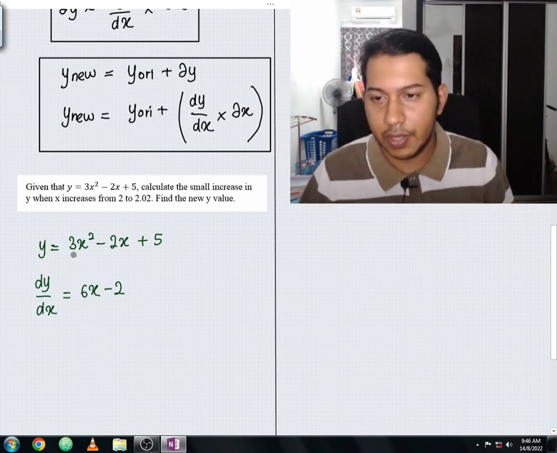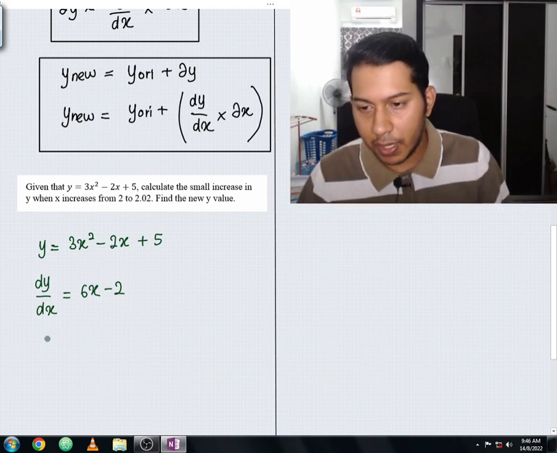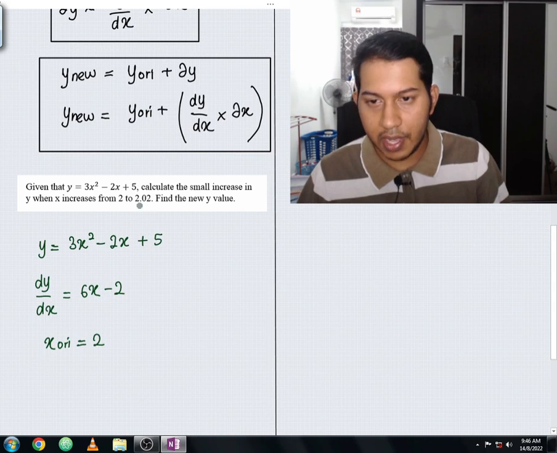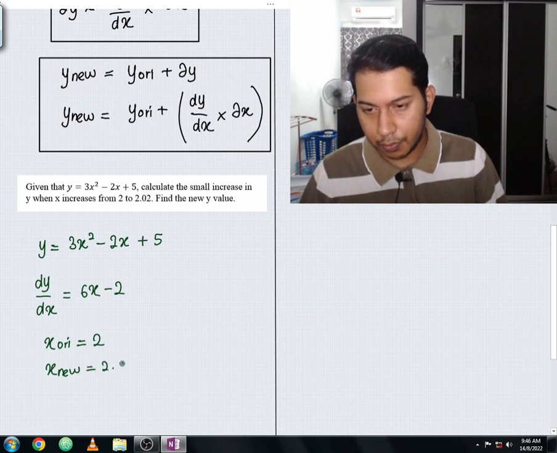The next step is you write whatever information is in the question into the working here. The question gave us x original, which in this case is 2, and they already gave us the new x value, which is 2.02.